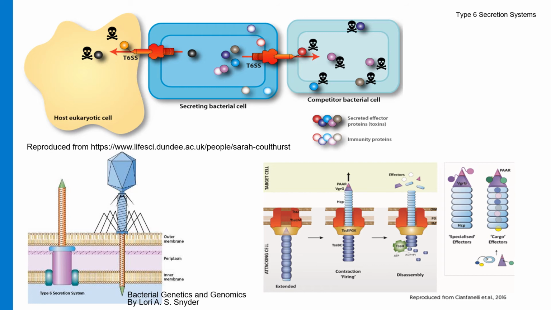And one of the things that we knew we needed to identify was the VGRG protein. So that's the purple protein that sits up at the top of the spiky tip of the type 6 secretion system. And it needs to have at least one, but quite often they'll have several of these.